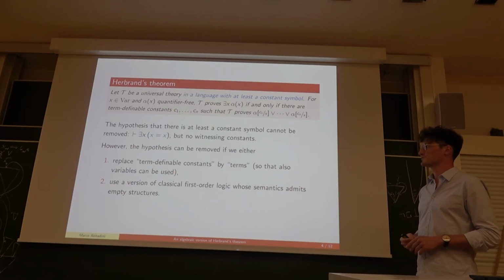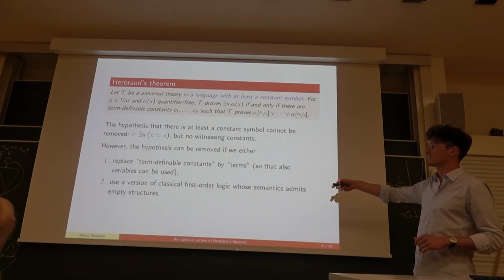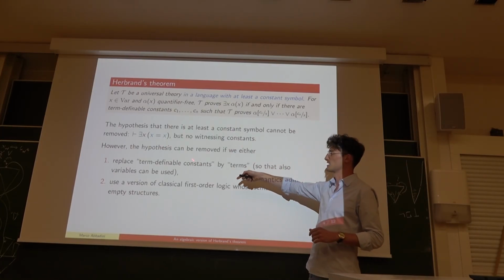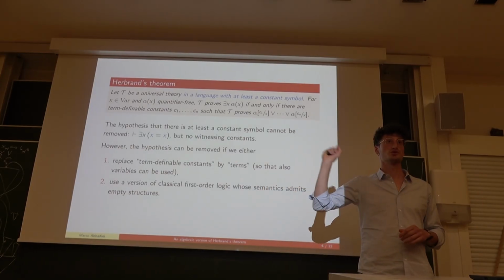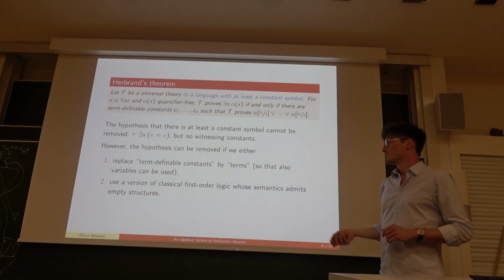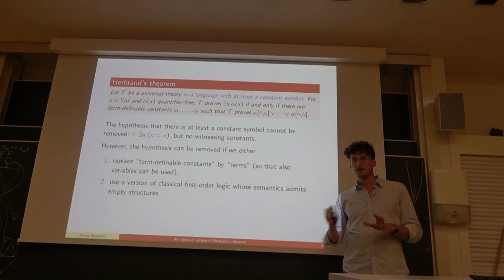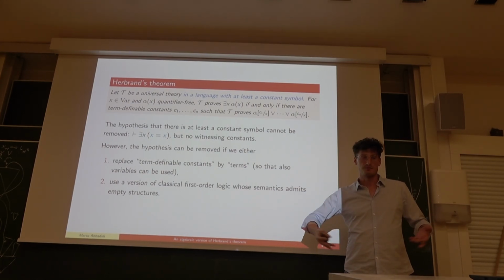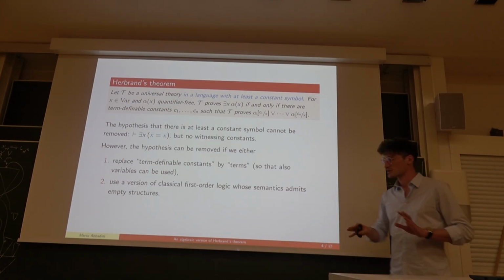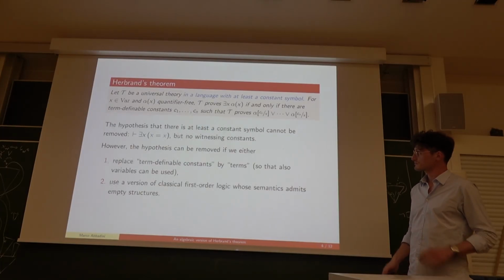However, this hypothesis can be removed if we either replace constants by terms, so that we can use variables, or we use a version of classical first-order logic whose semantics admits empty structures. Okay, this is just a side note.